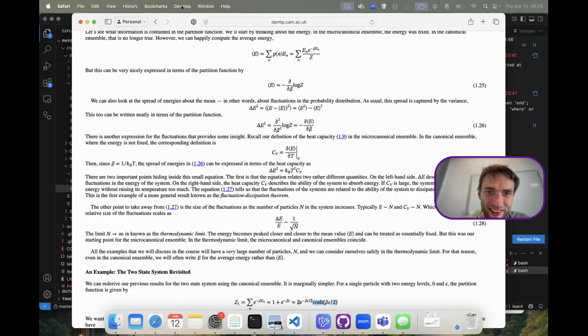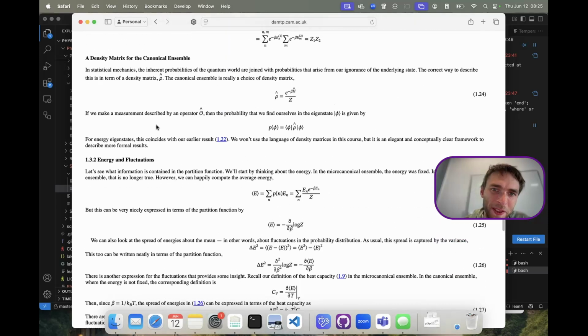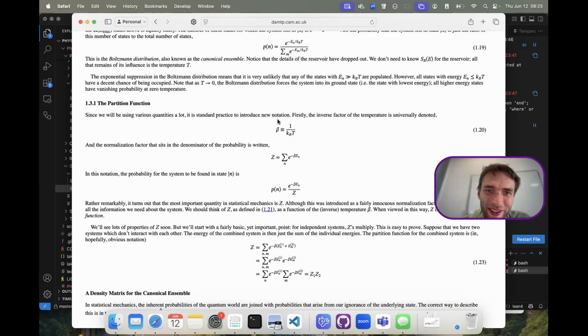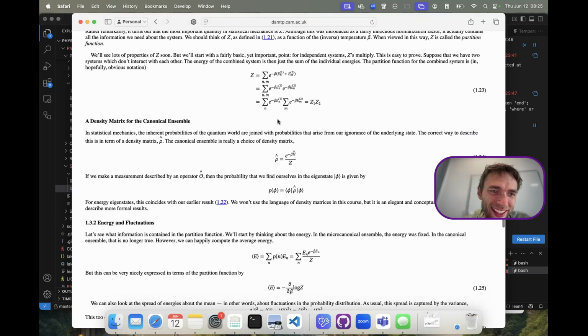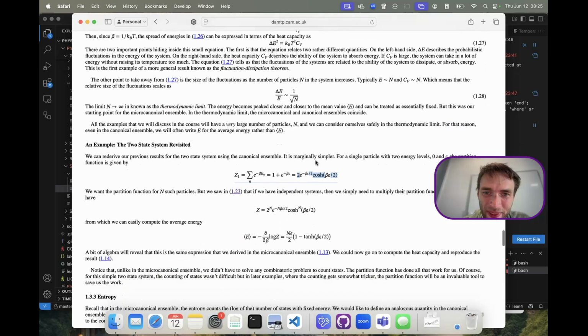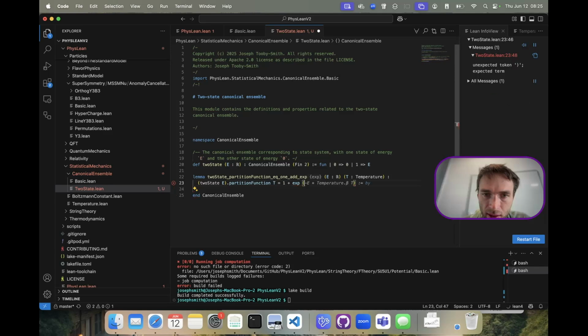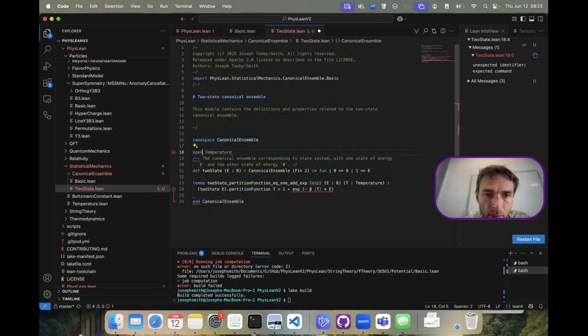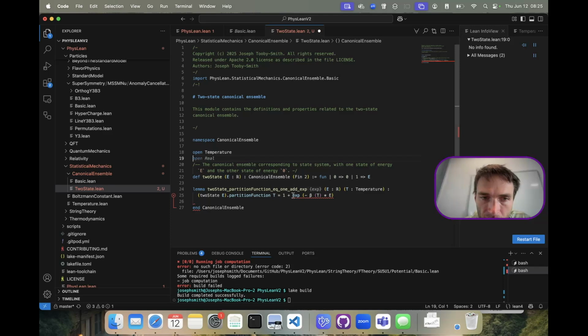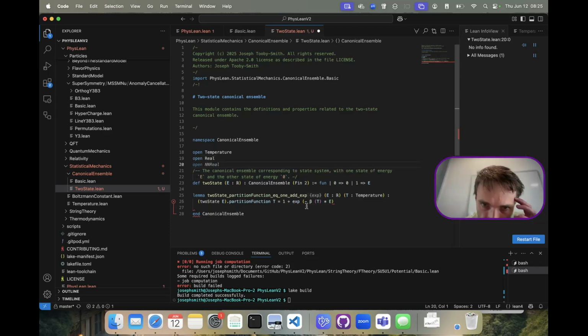Let me bring over here to see what I'm looking for. Trying to find the partition function which I've lost. Here we go, down here. So I want to show it's equal to this thing here. So this is equal to minus beta times by t, or beta E. So this beta, I have to open temperature, and I have to open real as well.